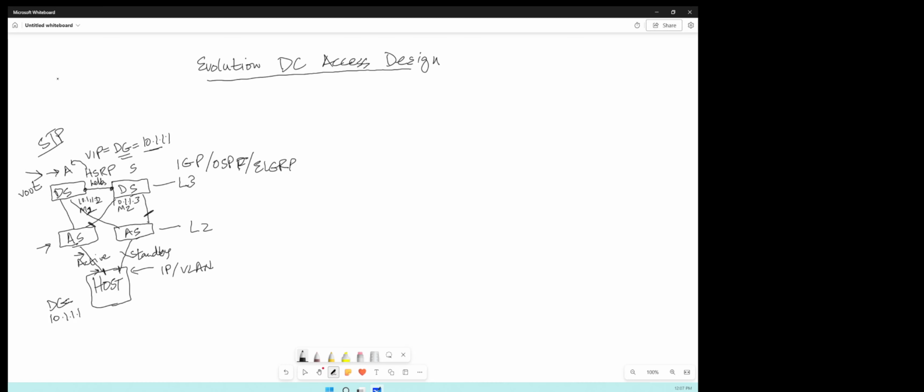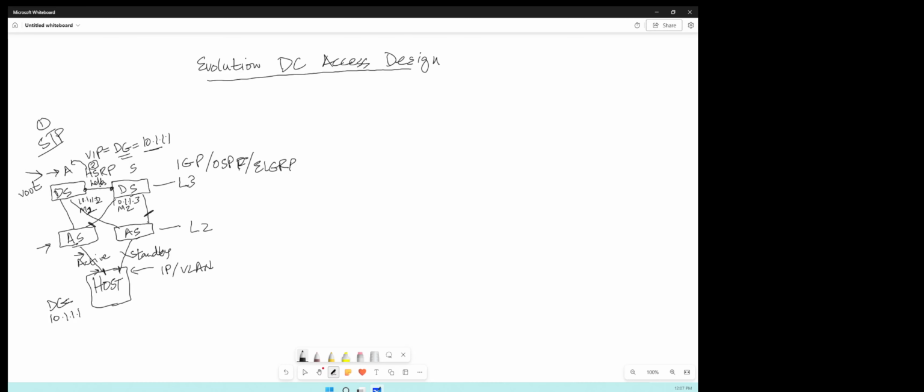So two protocols at least are bound to converge when a failure happens. Number one is STP, then number two is HSRP. They need to converge. They won't be converging in sync because there's no link between them. They will converge at their sweet time, but both have to converge for a failover to happen.